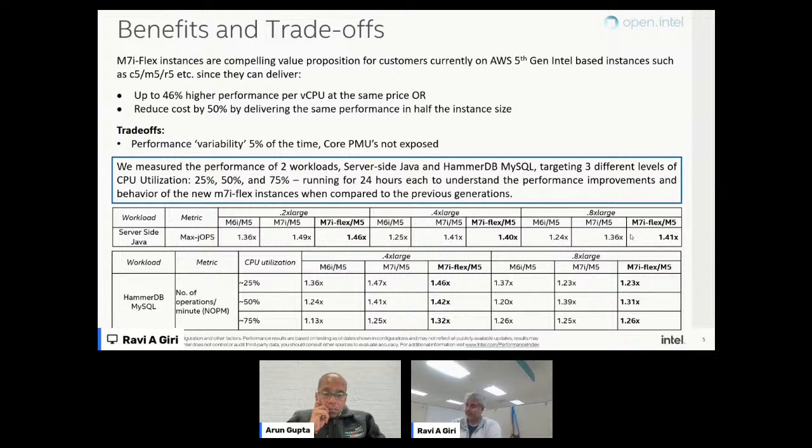Now, the server-side Java benchmark we're using allows us to fix the throughput at a certain point. So we know that for a constant request per second, as an example, measured across these different instances, what is the performance. We measured it in a few different ways to track both the throughput improvement and the time it takes to achieve that throughput, and so on.